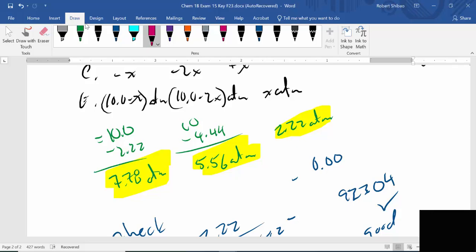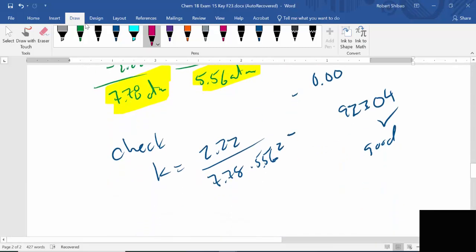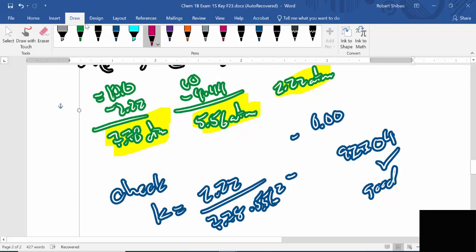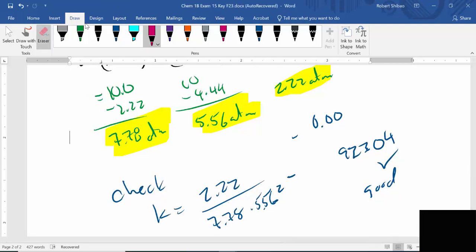And then what we're going to do is we're going to check our equilibrium pressures by plugging those back into the K expression. And so that's what we did here. We plug in the equilibrium back into the K expression. So that's the methanol divided by the carbon monoxide divided by the hydrogen pressure squared. Punch that in the calculator and see what it comes out to. This didn't quite work.